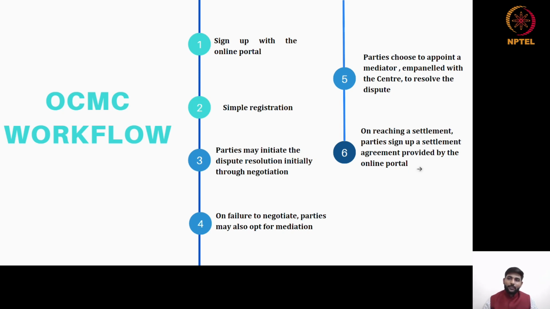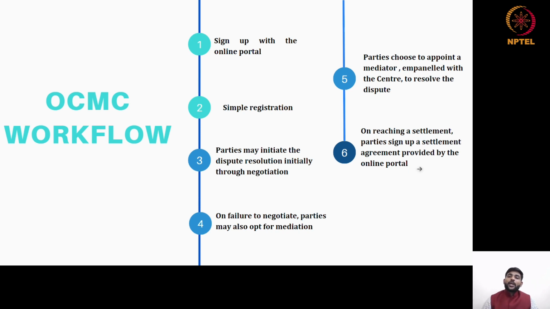And once he made the payment, he was required to give more details about the case, against which company he is filing the complaint. The name of the company he was required to select from the list provided by the Online Consumer Mediation Center.